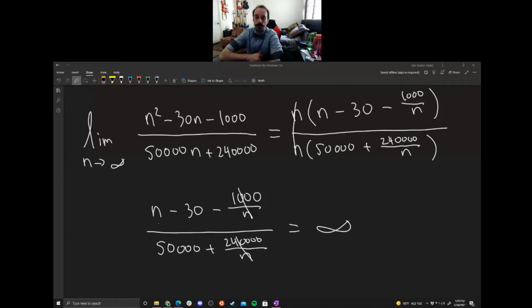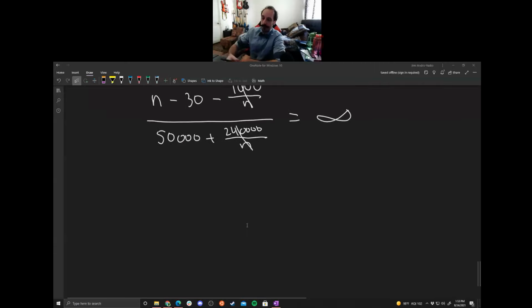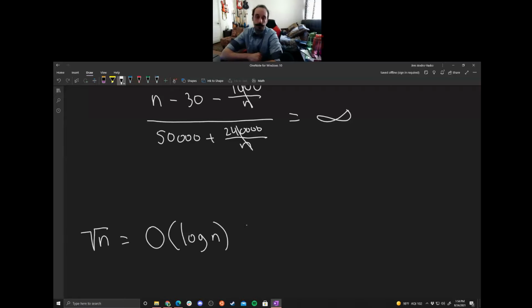So that's another way we can do it as well. In this case, we don't really need to because we could just do a little bit of algebra. But for example, if we have something like this, let's say I want to see if this is actually true or false.